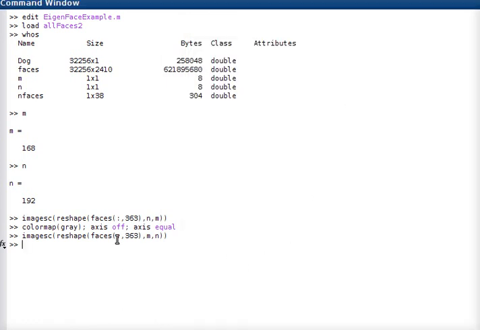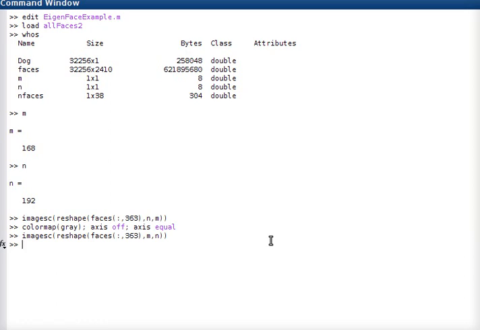Now, what's next? Instead of using the entire database for building our eigenvectors, because for the best basis we're looking for the eigenvectors of the covariance matrix, we're going to use just the first 36 people.